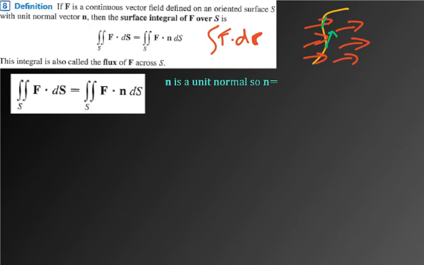We're comparing a connection between the tangent vector, that's the dr part, and the force field vector, like the vector field arrow. That's the idea of the dot product with a line integral. It's just like, compare this and see what the overall effect is. We're just now bumping that up a dimension.